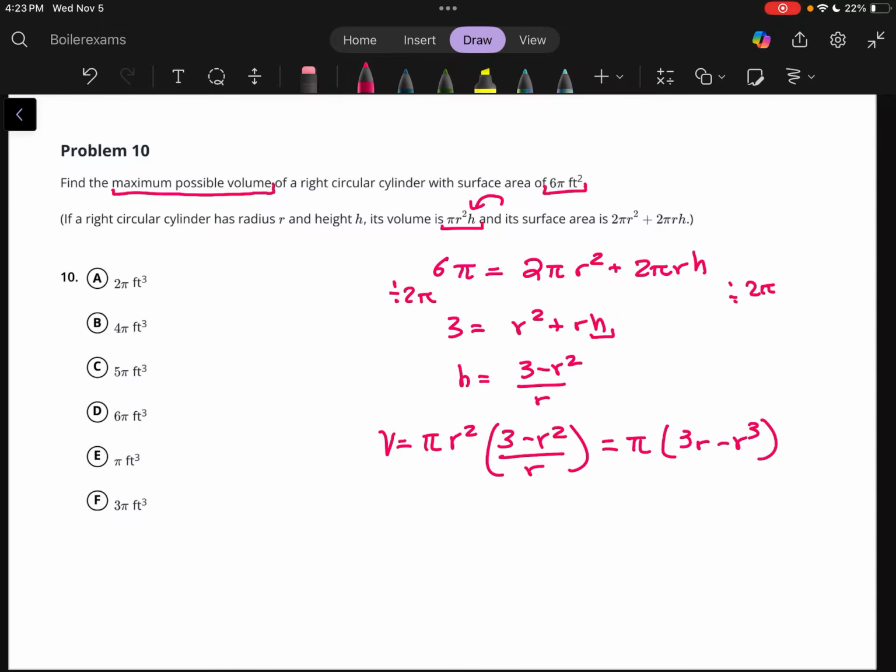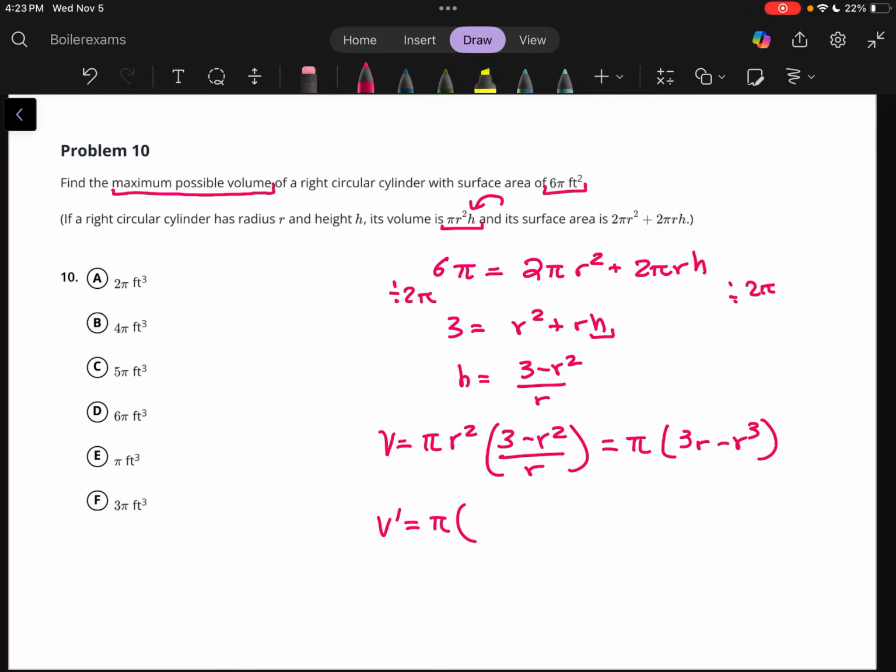Those locations are called our critical points, if you remember. So to find the maximum volume, I need to find the derivative of the volume. And that's not too bad.